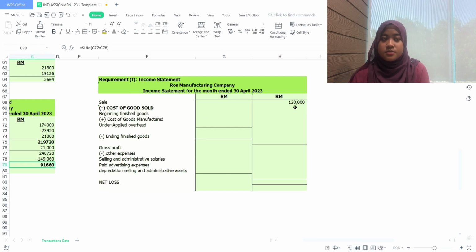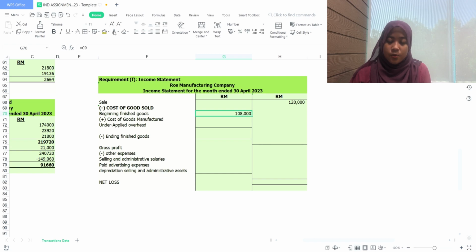Sales is given in the question, which is 120 ringgit, minus cost of goods sold. For the cost of goods sold, we have to separate the items, which is the beginning finished goods, 108,000, plus the cost of goods manufactured that we found just now, which is 91,660, and also we have to add under applied overhead, which is 2,664 ringgit.